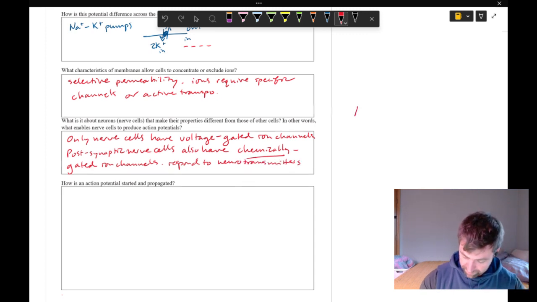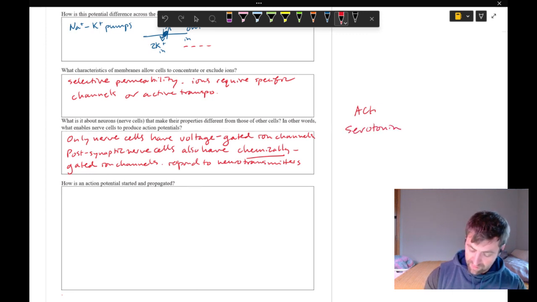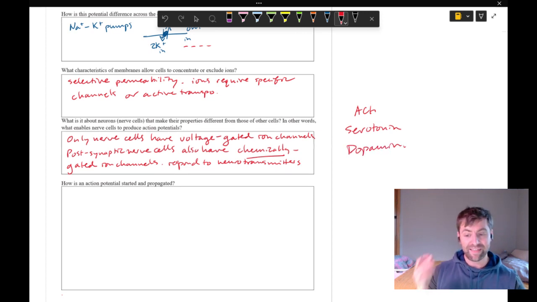While we're here, acetylcholine is one that you're going to see a lot. Serotonin is a neurotransmitter that a lot of people have heard of. Dopamine is another one. These can have inhibitory or excitatory effects depending on the synapse that they are in.